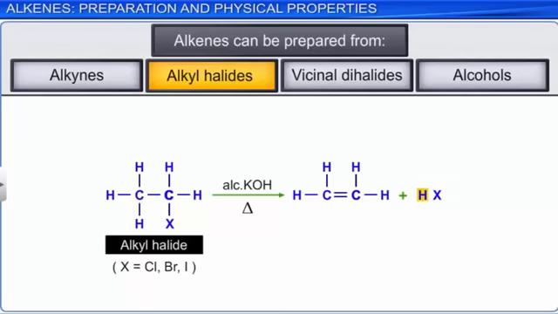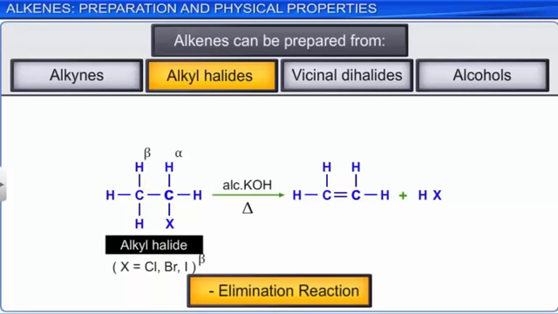The hydrogen atom for the halogen acid is obtained from the carbon atom adjacent to the carbon atom attached to the halogen atom. The carbon atom attached directly to halogen is called alpha carbon, whereas the adjacent carbon is called beta carbon. Hence, the reaction is known as beta elimination reaction.